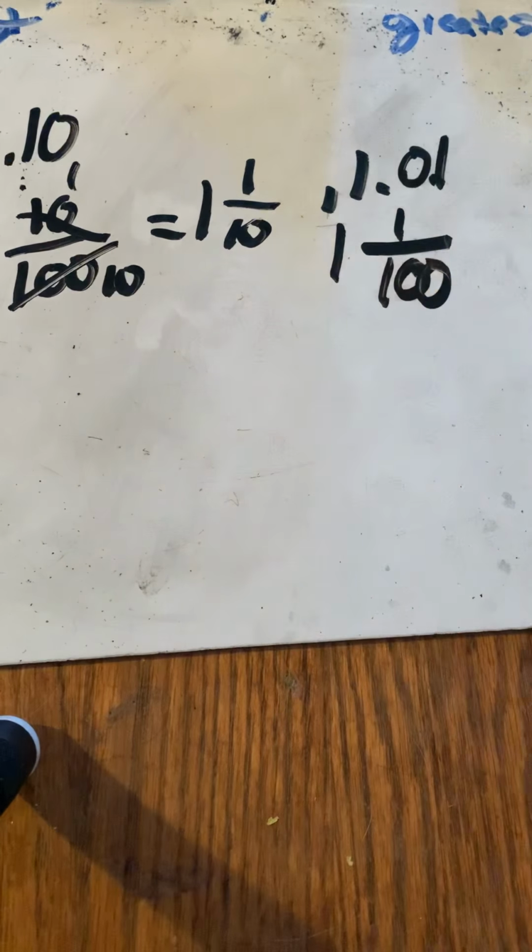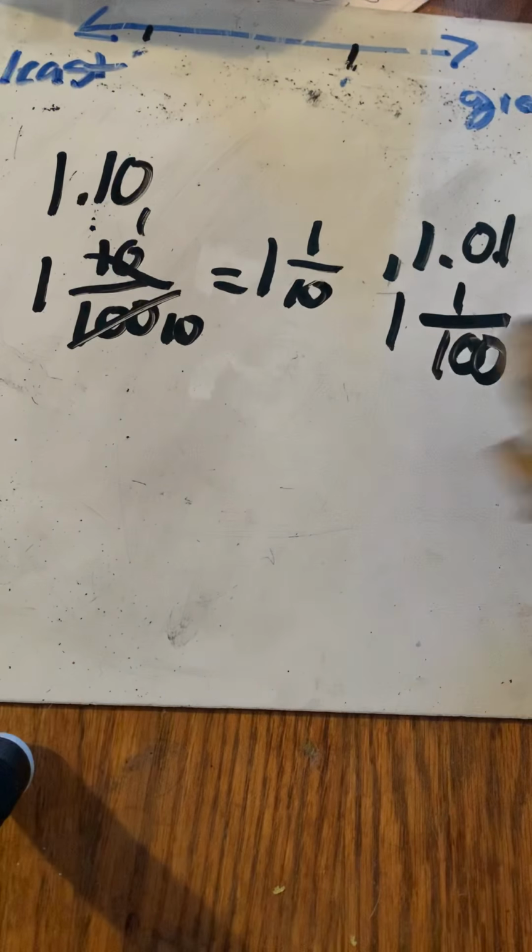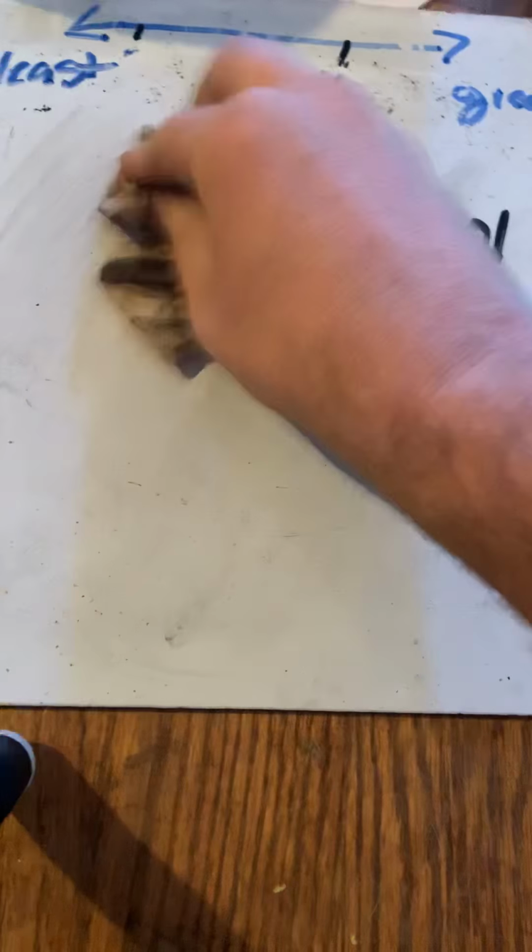Tens column, 100ths column. So which is bigger, 1 and 1/10 or 1 and 1/100th? And really we're just asking, forget the 1, what's bigger, 1/10 of something or 1/100th of something?